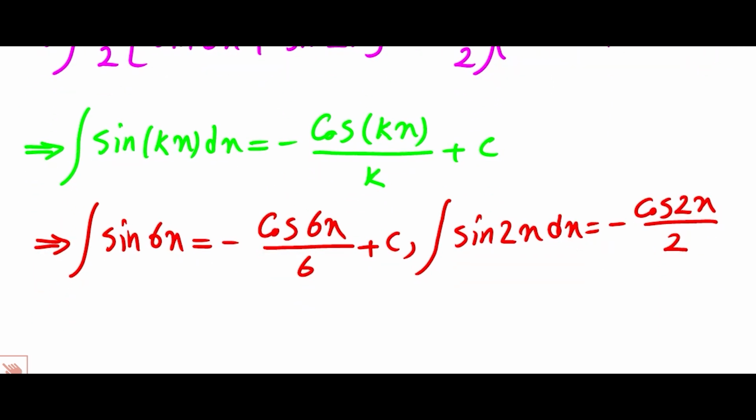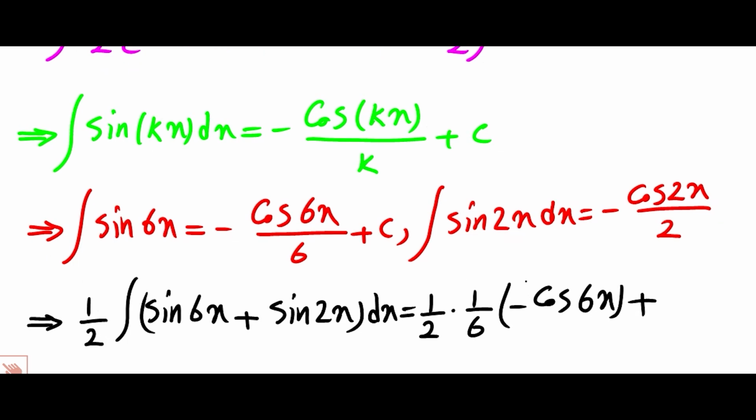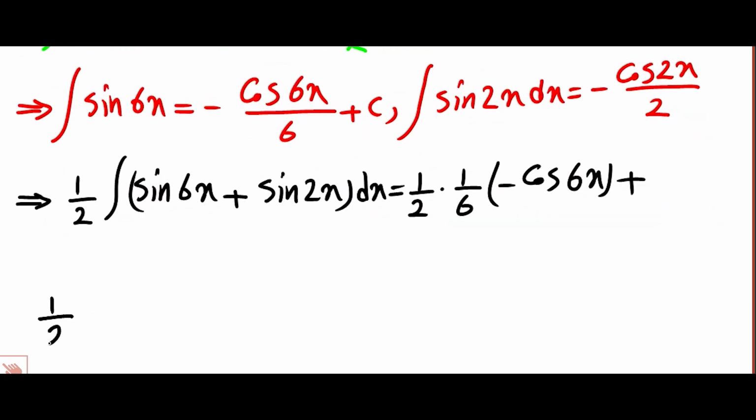Right? So we have 1/2 the integral of sine of 6x plus sine of 2x dx equals 1/2 times negative cosine of 6x over 6, 1 over 6 times negative cosine of 6x, plus 1/2 times negative cosine of 2x over 2 plus c.